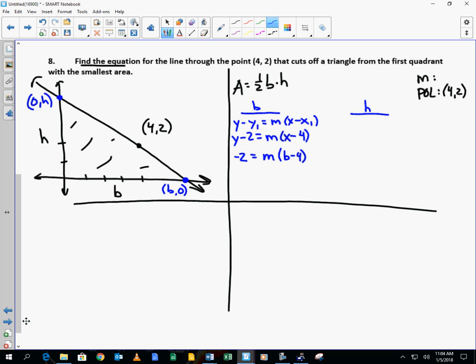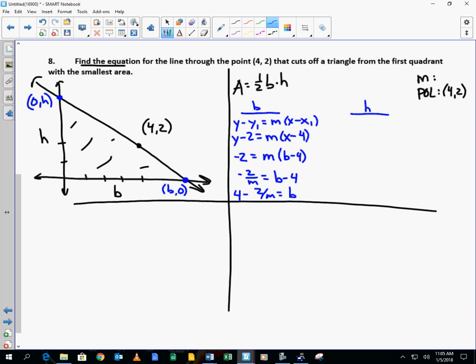Solve for b, because we want to know what b is equal to. We got to put something in for b. Solve for b, and we get negative 2 over m is equal to b minus 4. And then add the 4 to both sides. 4 minus 2 over m is equal to b. Awesome.